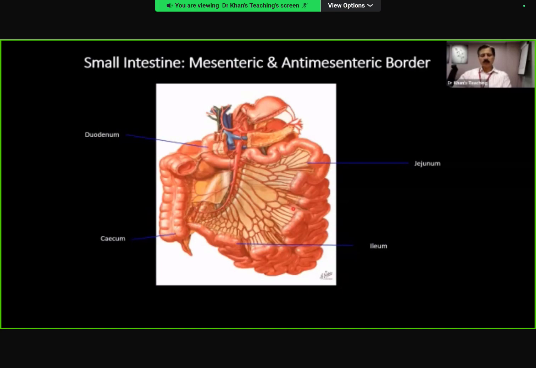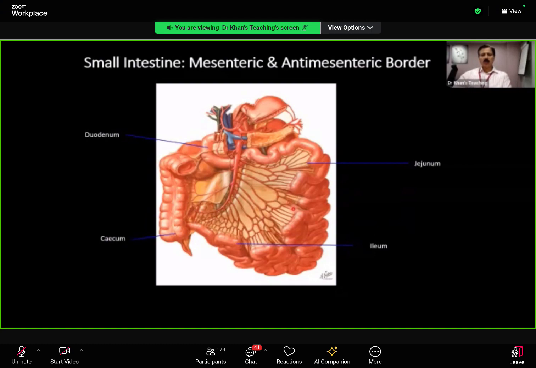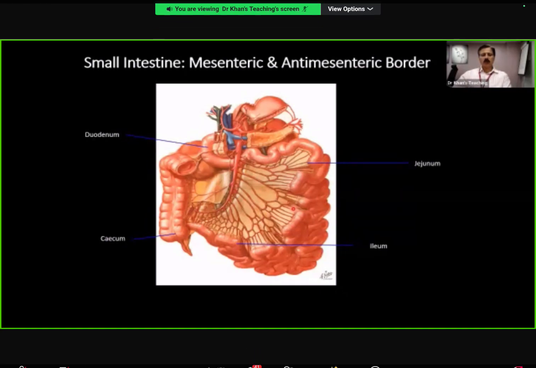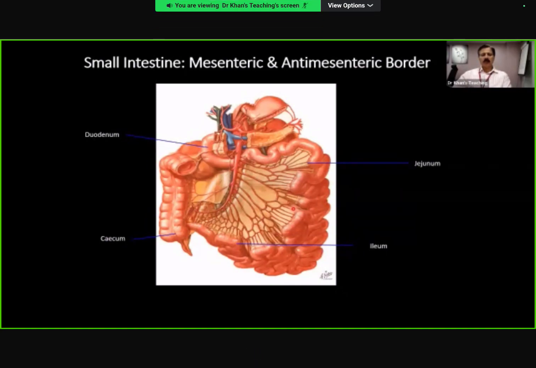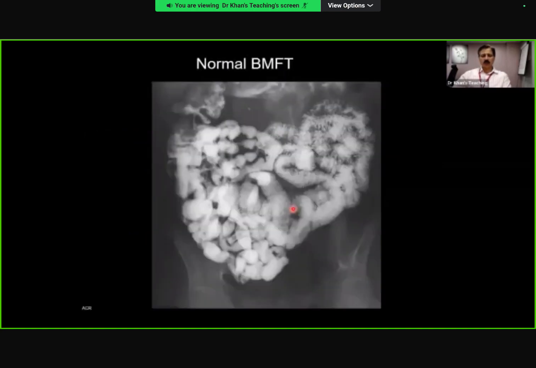Otherwise, pseudosacculations of, let's say, scleroderma happen on the anti-mesenteric border, or at times pseudosacculations of Crohn's disease also happen at the anti-mesenteric border. I will show you these concepts, but always remember Meckel's diverticula.